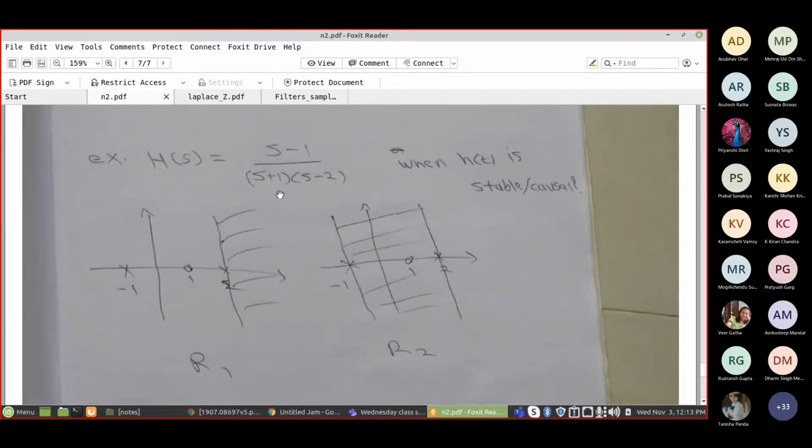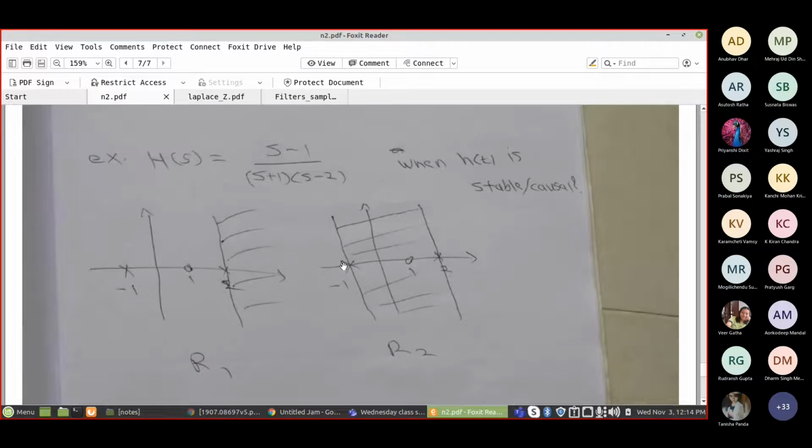So if this is our ROC, then we get a causal h(t), but it is not stable because the j omega axis is not there. What about this then? Is this stable? Yes. What about causality? No. This is not causal because this is not to the right of the rightmost pole. So this is both sided.